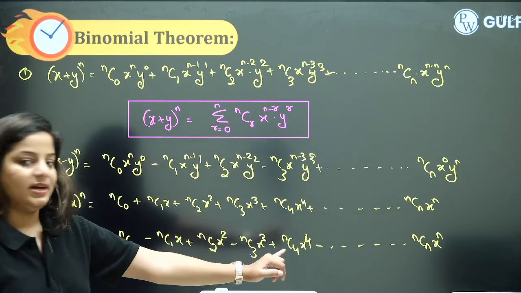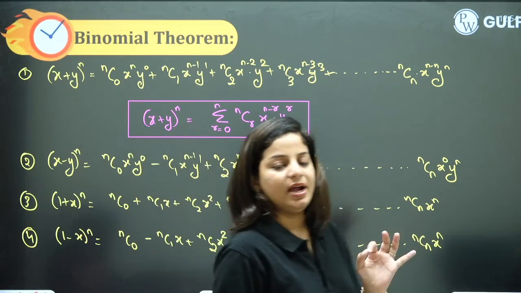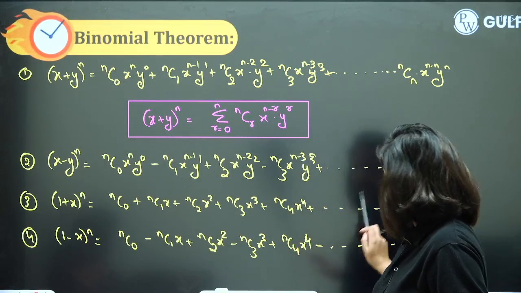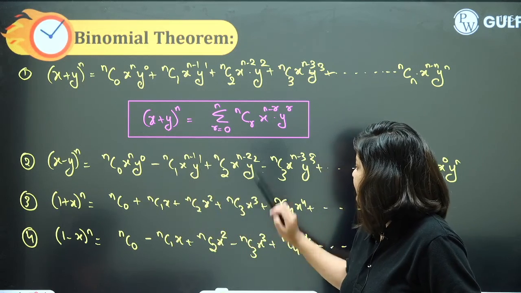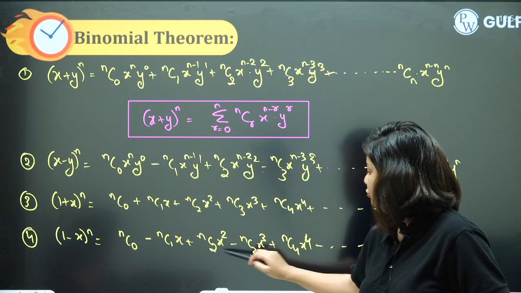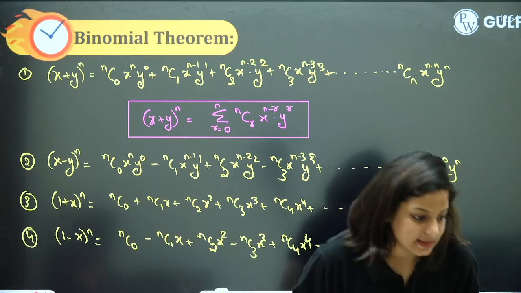Are you able to understand? Please remember, whenever there is a minus sign, the only difference is that the terms 1, 3, 5 will have a minus sign. Terms 0, 2, 4 will have plus signs.